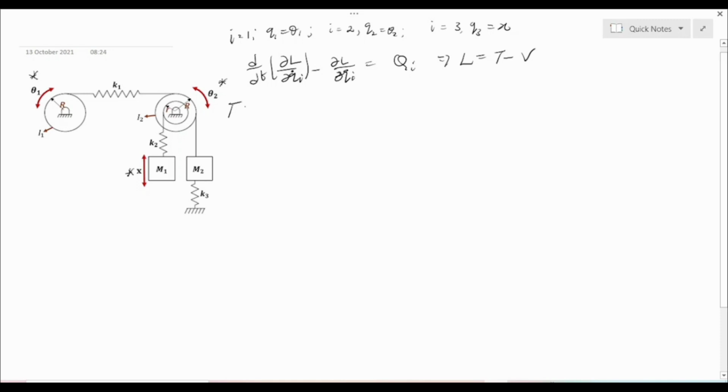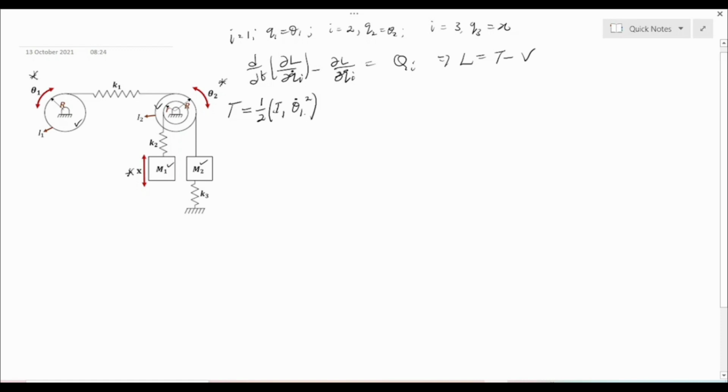T is the total kinetic energy acting on the system. So we're going to write out the total kinetic energy due to pulley I1, pulley I2, mass M2, and mass M1. So the total kinetic energy of pulley I1 is equal to half multiplied by I1, and is going to be theta 1 dot squared.